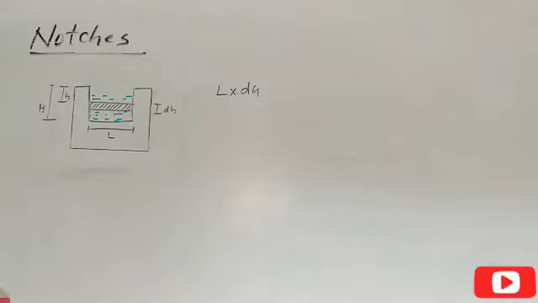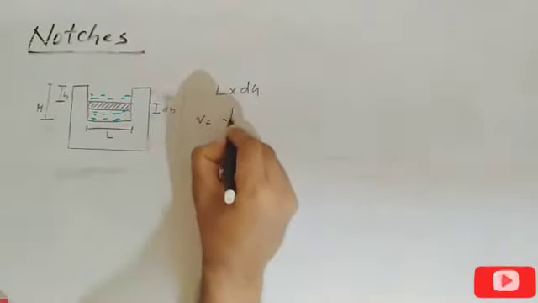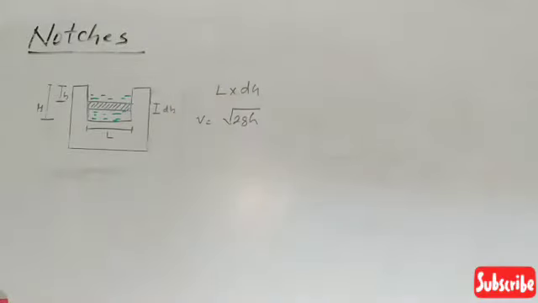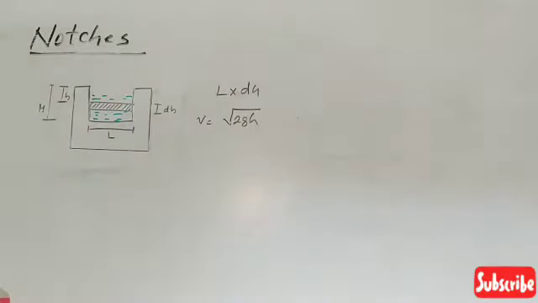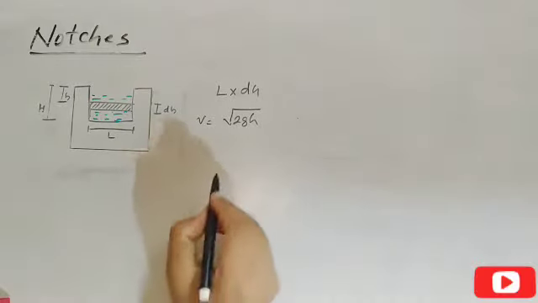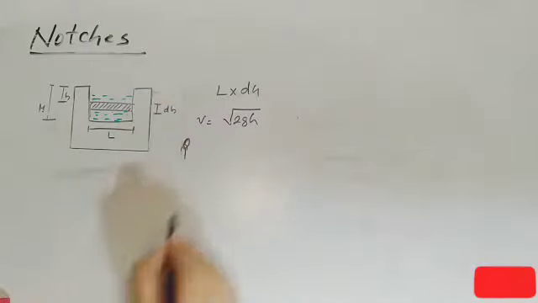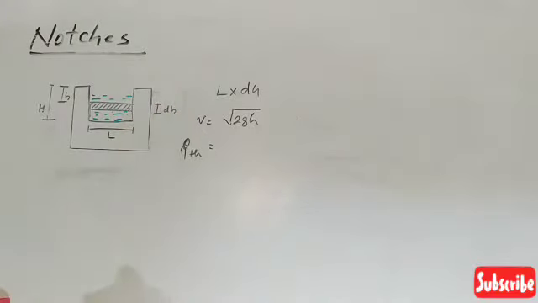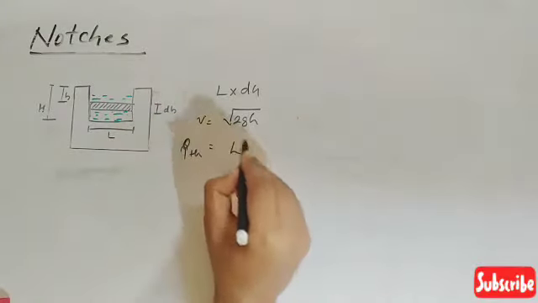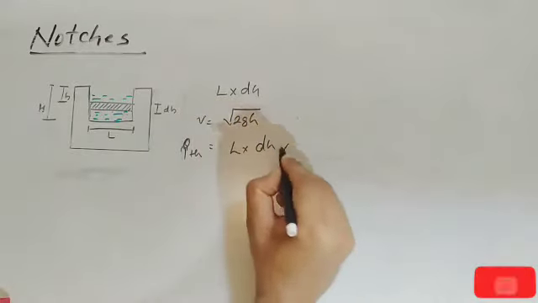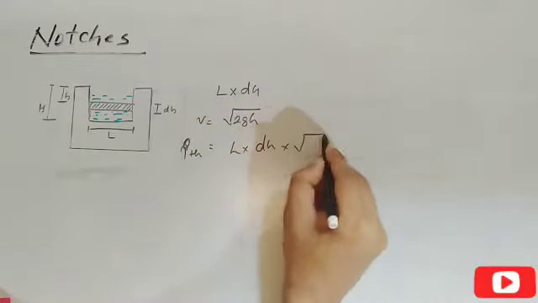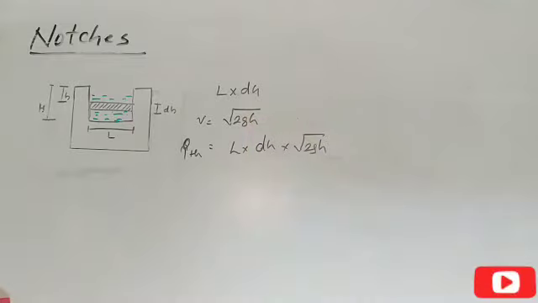Now the theoretical velocity of water is root 2gh. Similarly, the theoretical discharge Q equals area into velocity, that is L into dH into root 2gh.